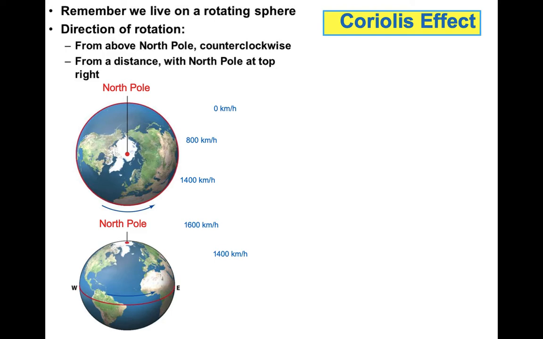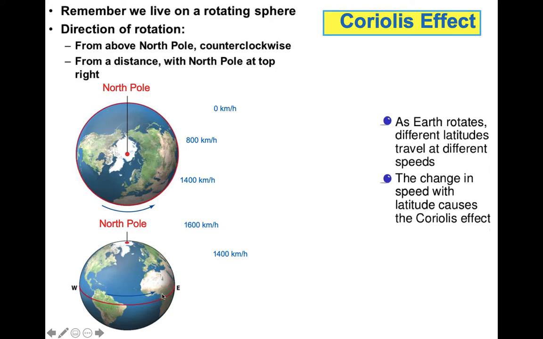If you look at the Earth from the North Pole, directly looking down to the Earth, the rotation direction is counterclockwise. But if you look at the Earth from the side, from a distance, with the North Pole at top, you will realize that the Earth is basically rotating to the right.